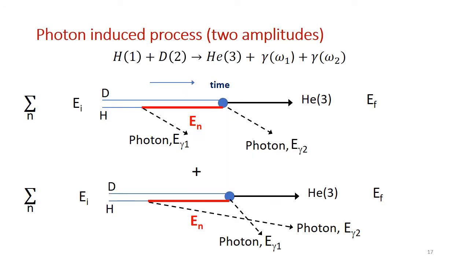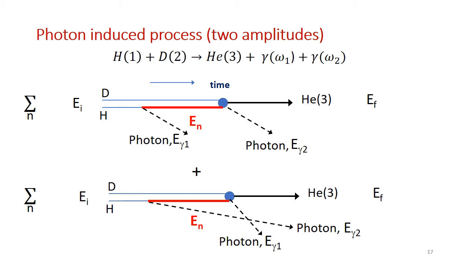So there are two amplitudes that contribute at this order. The first amplitude is you have this deuteron and hydrogen initial state with energy EI, which is supposed to be small. I emit a photon from hydrogen, and I can also do that from deuteron.